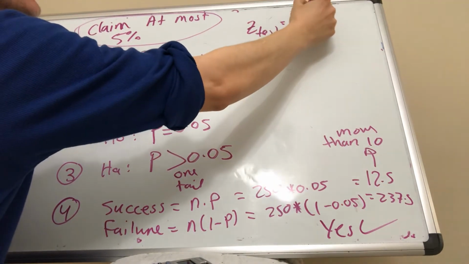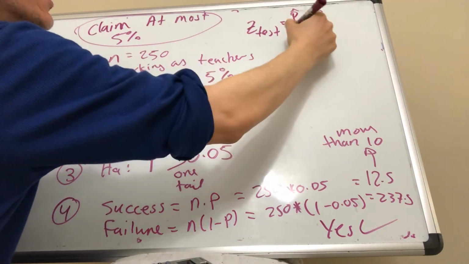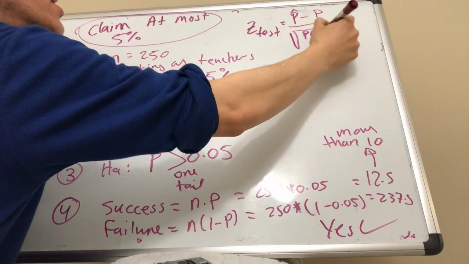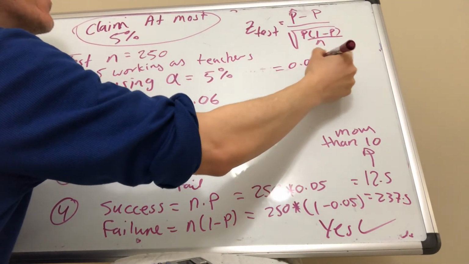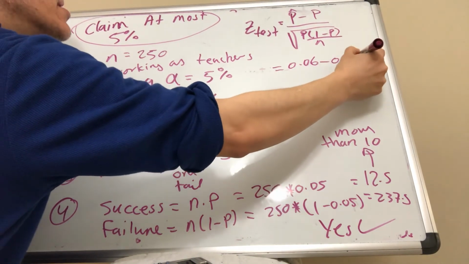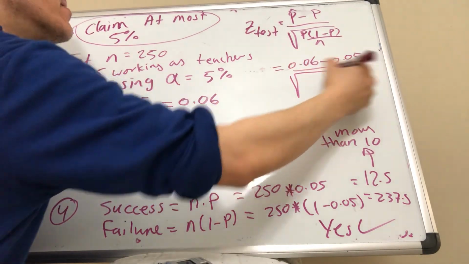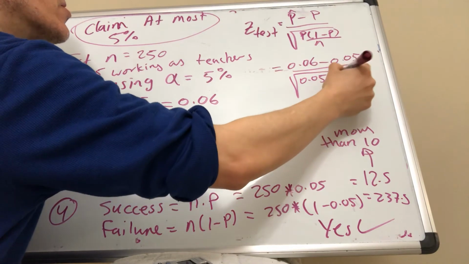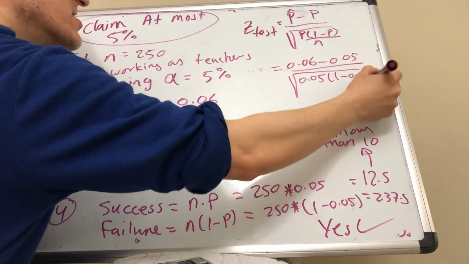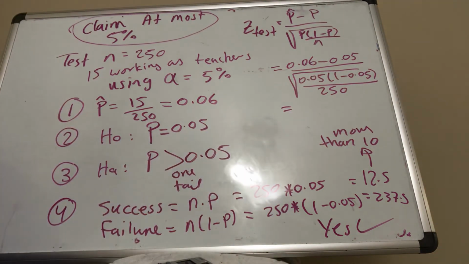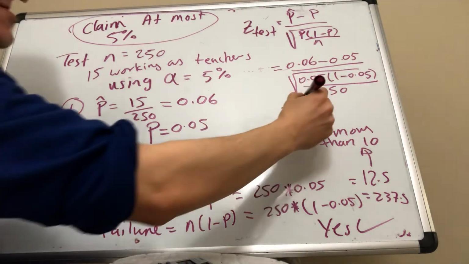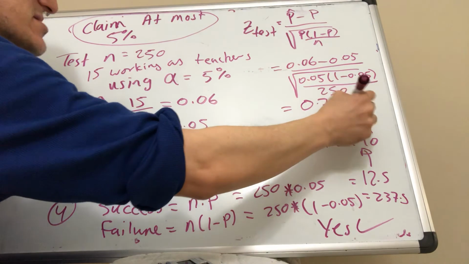The formula would be p hat minus p over the square root of p times 1 minus p over n. P hat being the 6%, p is the 5%, 1 minus 5% over the sample in the question, and that's 250. You do this, and the answer would be 0.725.